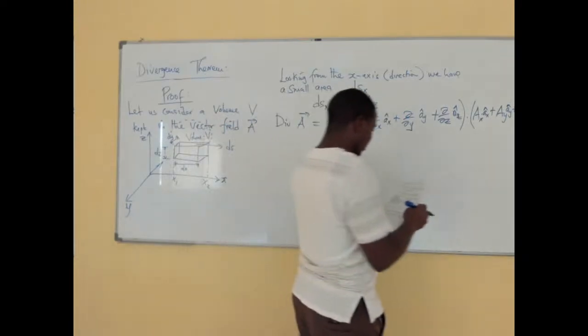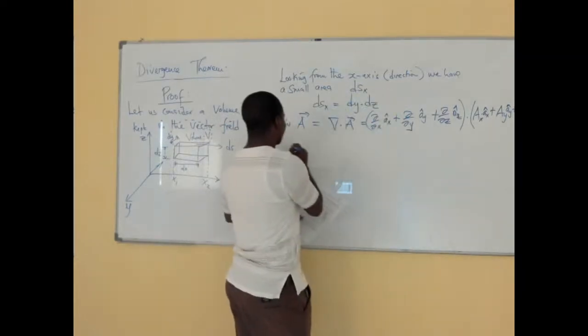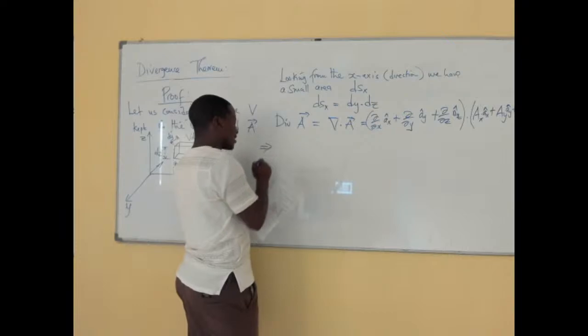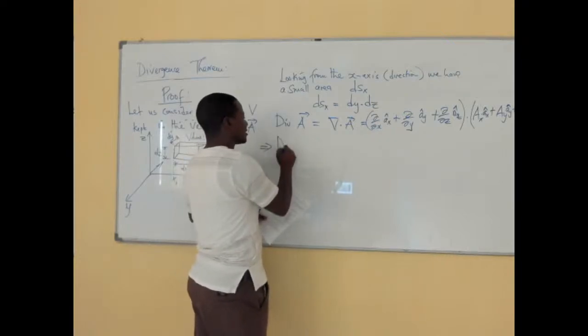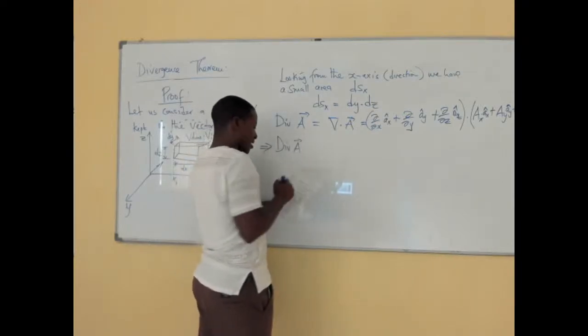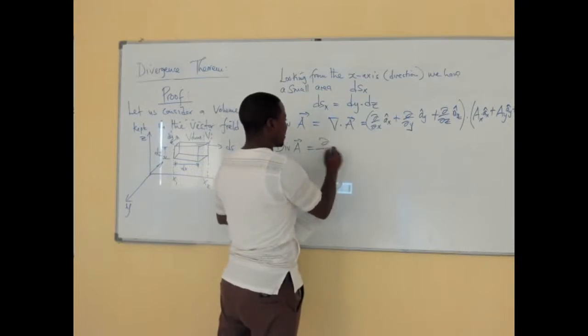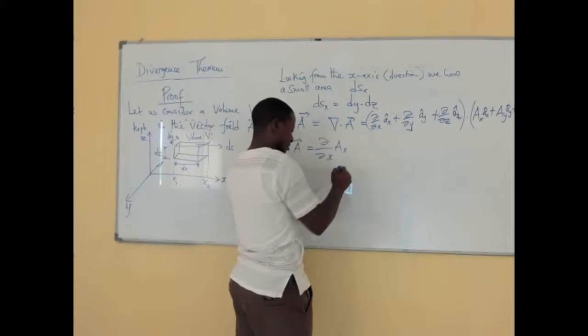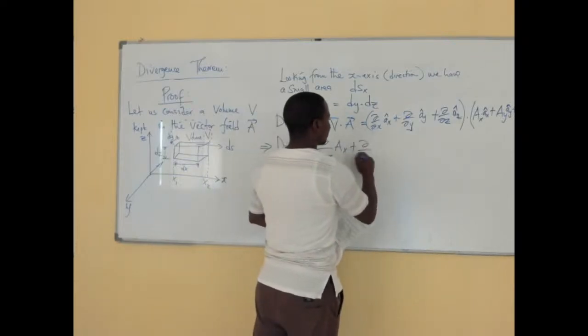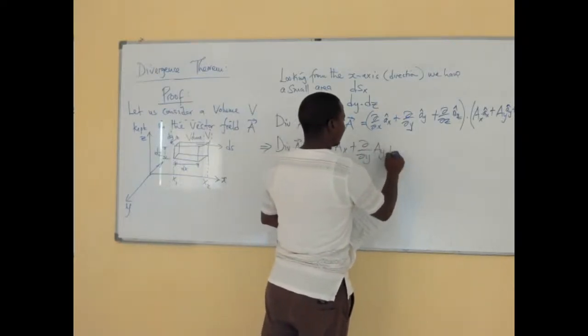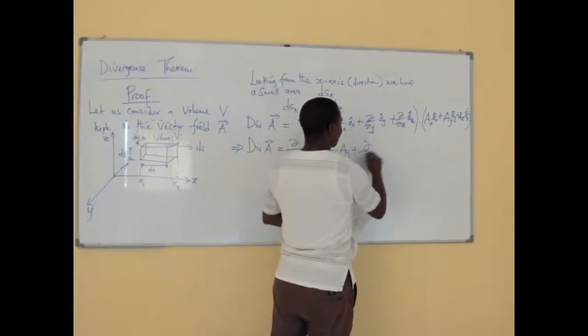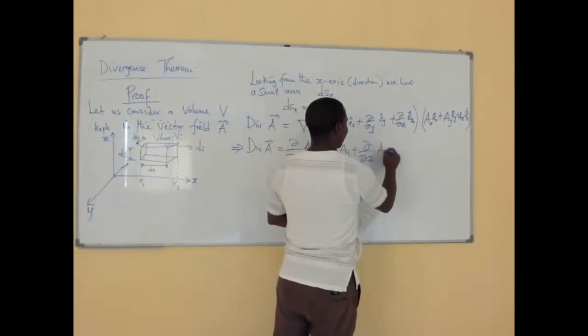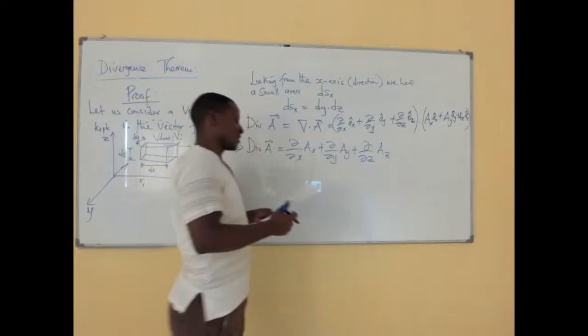Now, after we've done that, this implies that the divergence of A must be equal to partial over partial x of Ax, plus partial over partial y of Ay, plus partial with respect to z of Az. That is what we get.